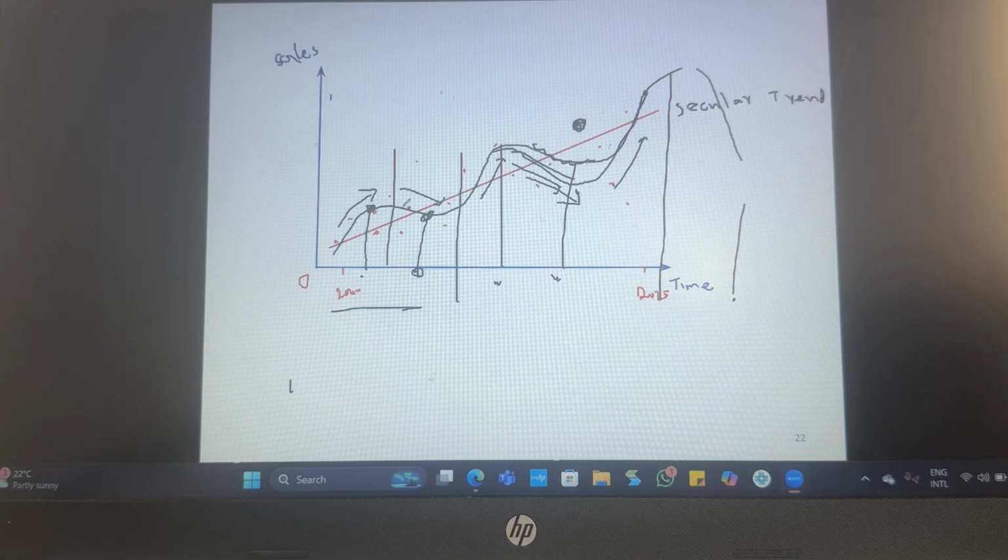And in this period, sales is going up, even though during this period there is a drop here. These are irregular. This is how we can break time series data into these four different components.